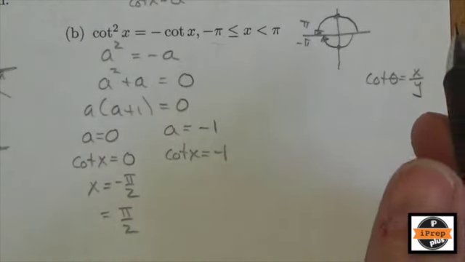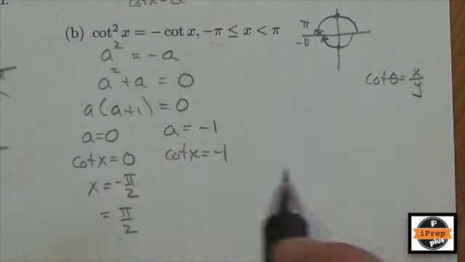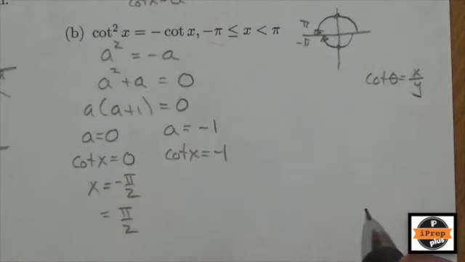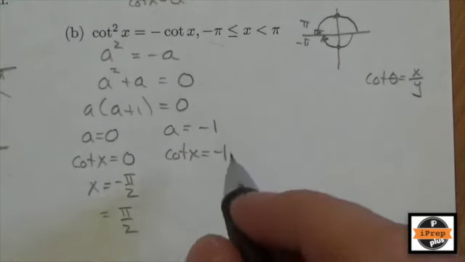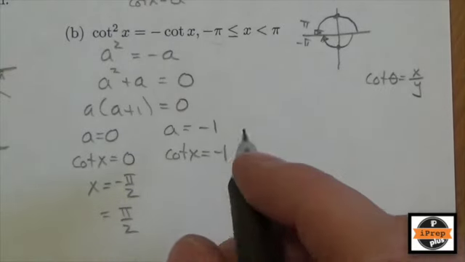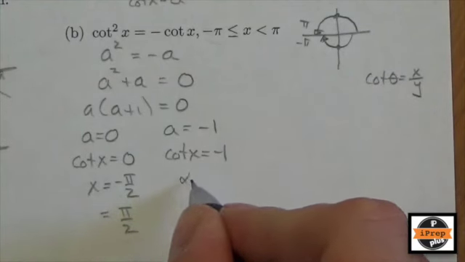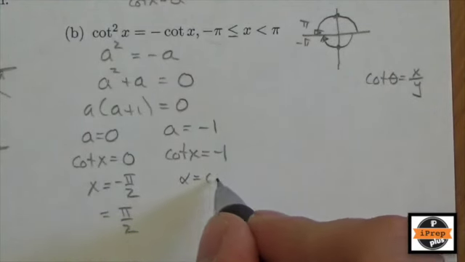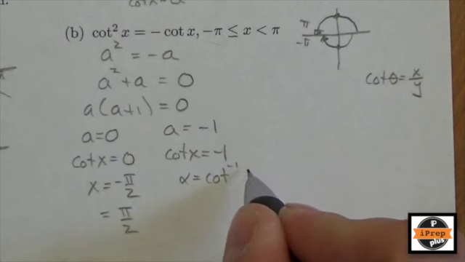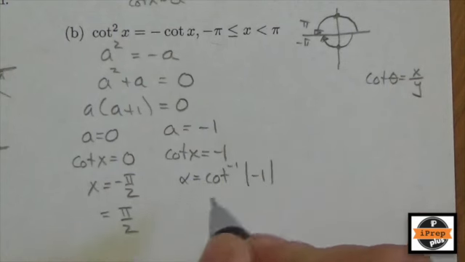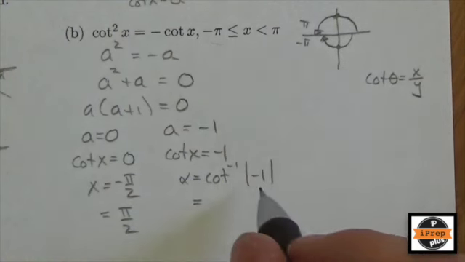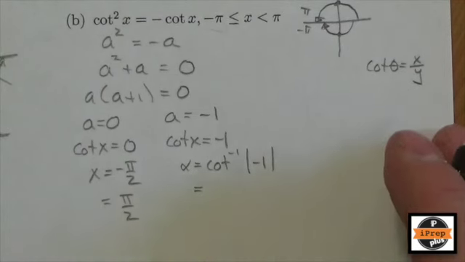Here though, this is a different story altogether because the cotangent of x is now equal to negative 1. This isn't going to have any kind of weird quadrantal property here. So what I'll do here is find the reference angle, and this is going to be the inverse cotangent of the absolute value of negative 1. And again, an absolute value because I don't want to use the negative there.